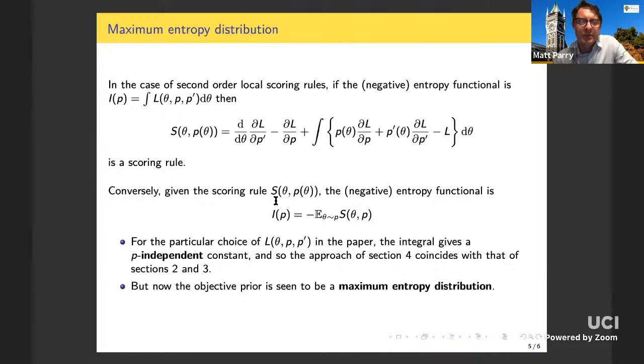But the other comment more generally is that we can actually, it seems to me, break away from the particular formulation of L that's given in the paper. And any L, as long as it gives us a concave functional for I of P, will generate a scoring rule that we could usefully use, it seems to me, to construct a prior. So that's, I guess, the main point.